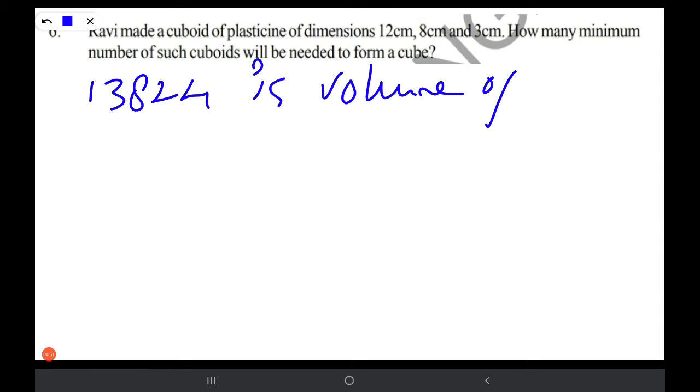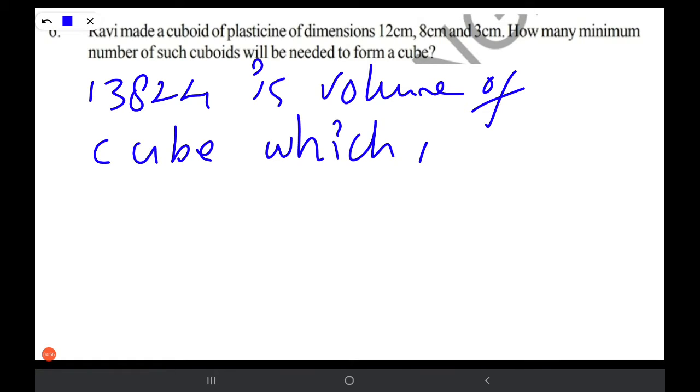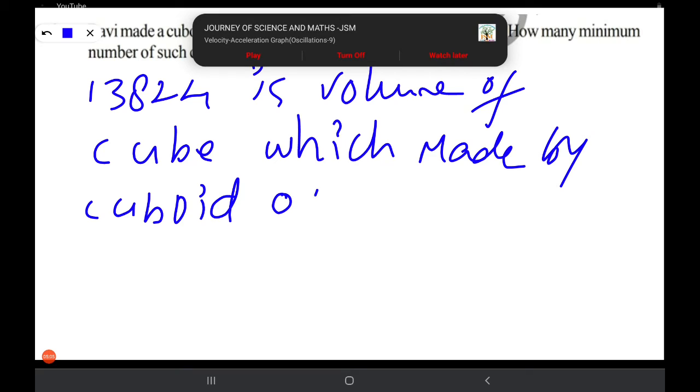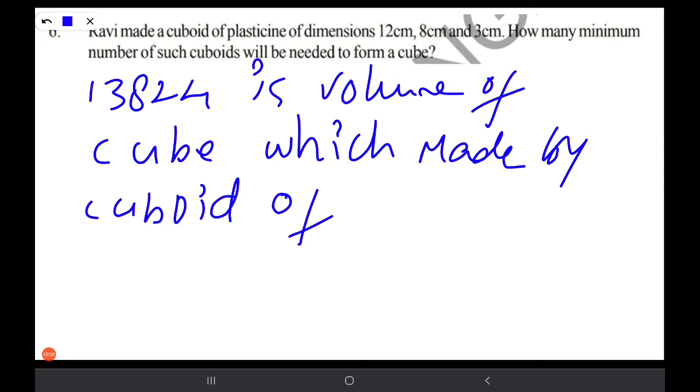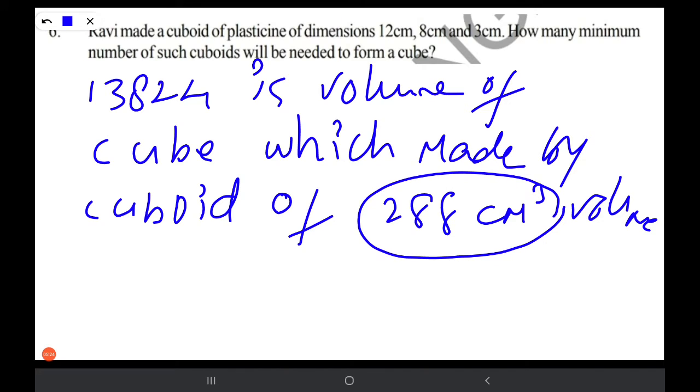volume of a cube which is made by cuboids of 288 centimeter cube volume. So if you take cuboids of 288 centimeter cube volume, you will get this kind of cube of 13824 volume.